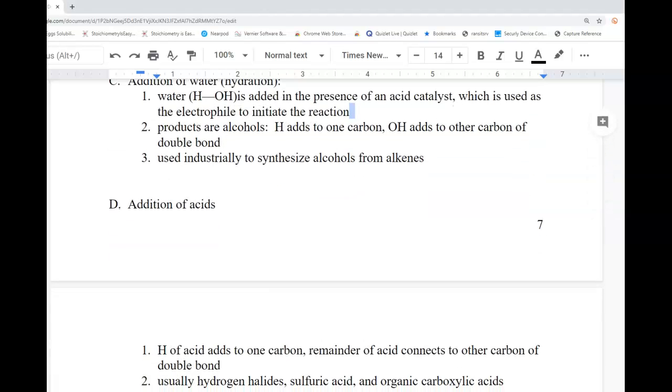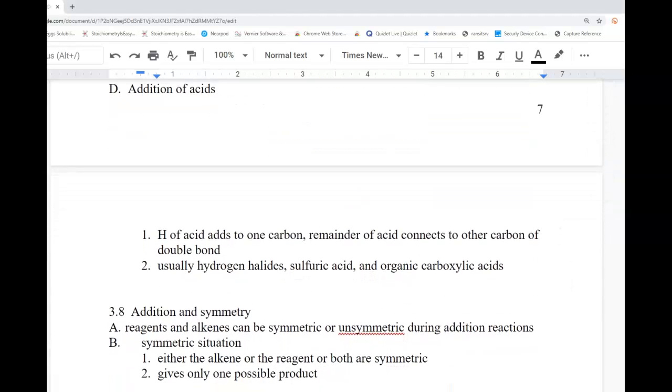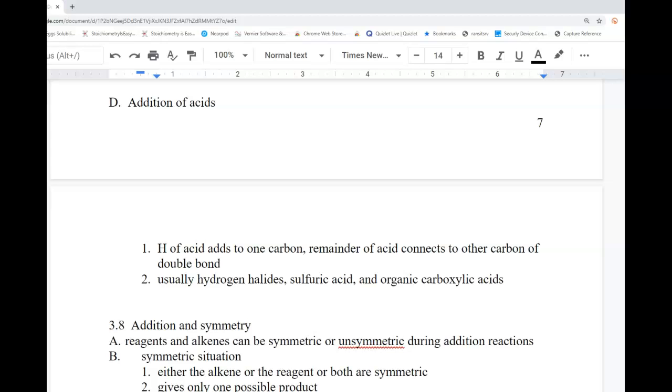All right, so the next part is going to be the addition of acids. What happens when we add an acid to an alkene? And so we're going to, again, be having one carbon receive the hydrogen and the other carbon receive the remainder of the acid. Usually the acids we use are hydrogen halides like hydrobromic acid, hydrochloric acid, hydroiodic acid, or sulfuric acid.